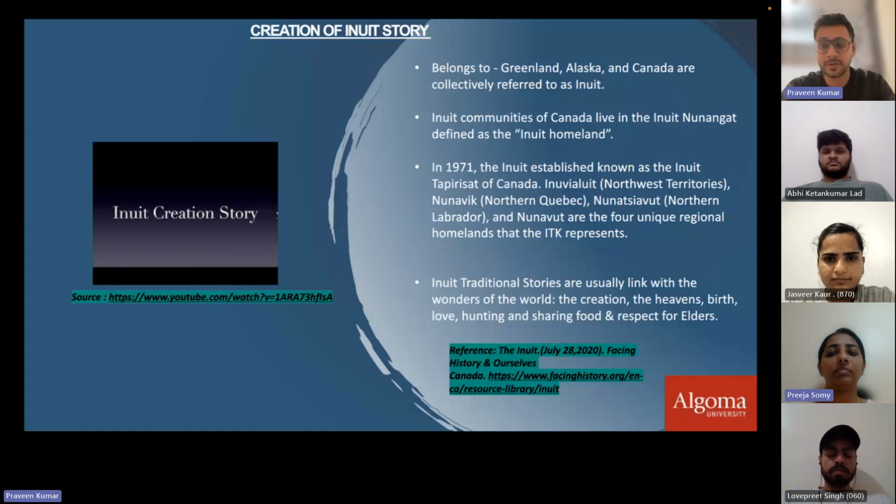It actually means people, and the language they speak is called Inuktitut. And there are four homeland regions: Northern Territories, Northern Quebec, Northern Labrador, and Nunavut.